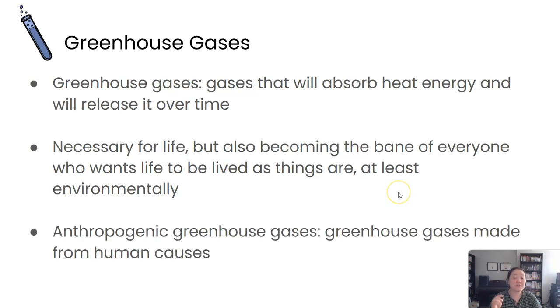And a lot of that has to do with anthropogenic greenhouse gases. So there are processes that create greenhouse gases naturally, that is. You have things like bogs and swamps that create methane. You can have a forest fire happening because lightning struck a forest and it keeps on spreading, and so you get carbon dioxide being produced there.